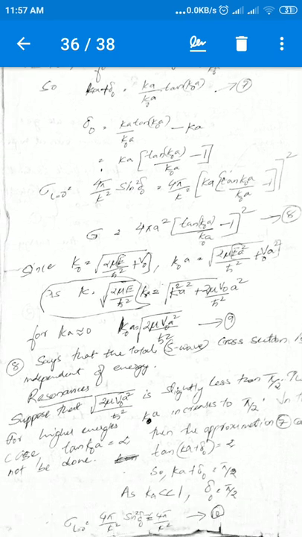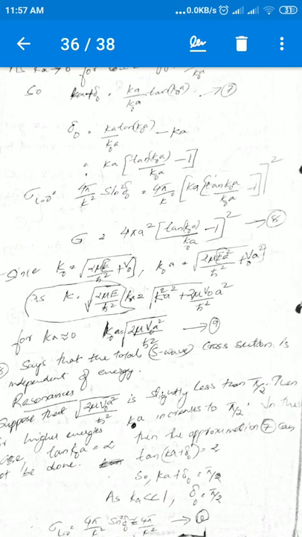Okay, now we look at k0, which we know is √(2μ/ħ² (E + V0)). And what will be k0a? Then you need to multiply a² inside.